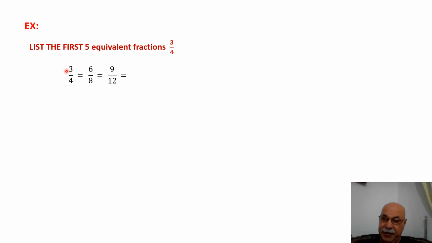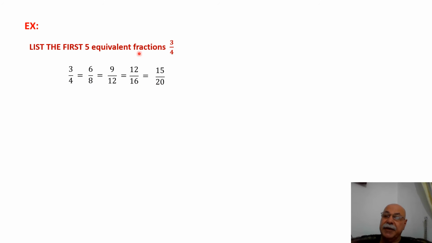I start from the first fraction and multiply by the serial number. 4 times 3 is 12, 4 times 4 is 16. That is 1, 2, 3, 4. The last one, 5: 5 times 3 is 15, 5 times 4 is 20.